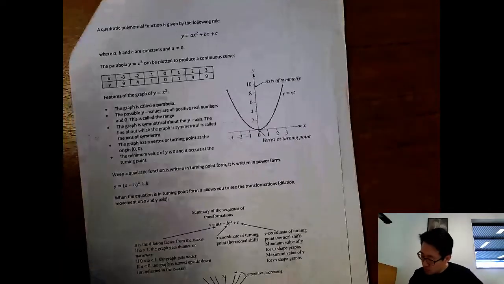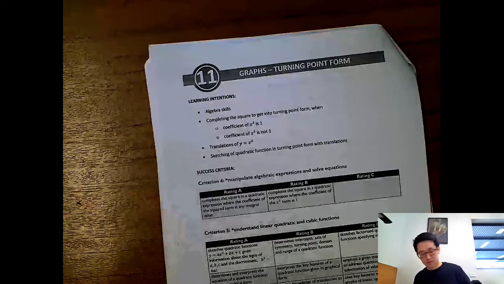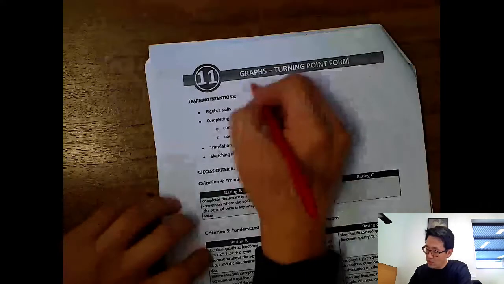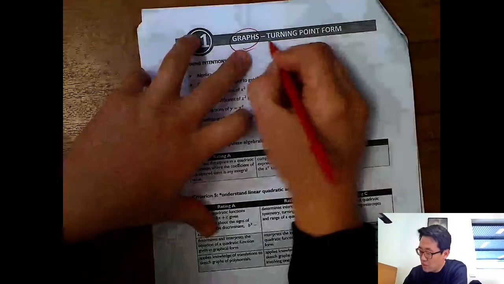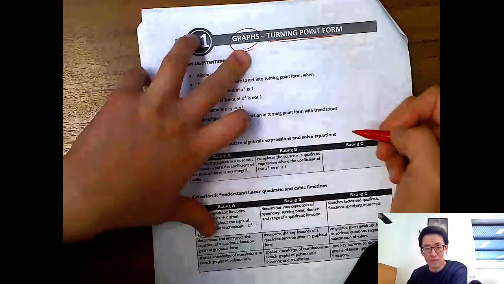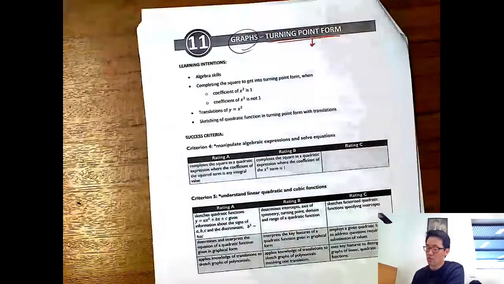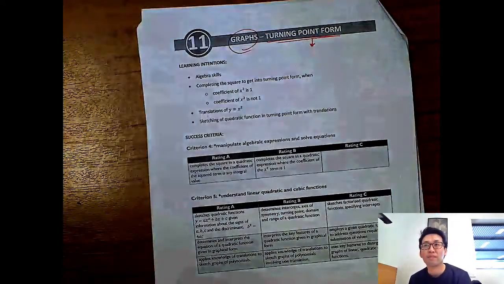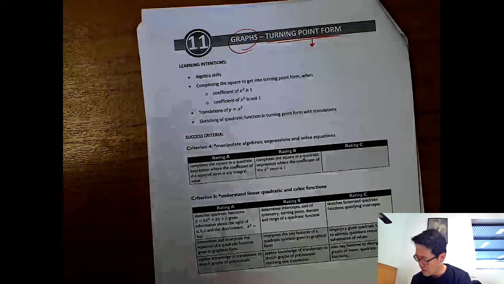So let's go to section 11, turning point. Now we try to draw it. We're graphing a quadratic formula, particularly using turning point form, which is related to the vertex form you learned last term.